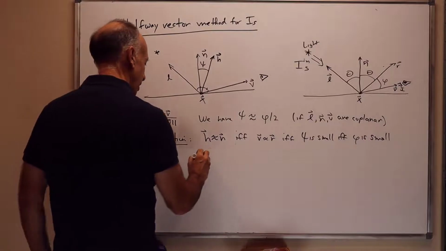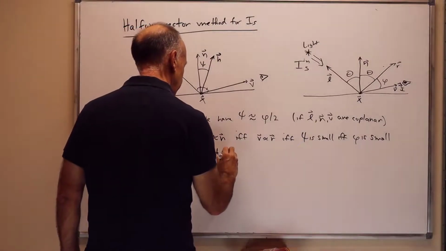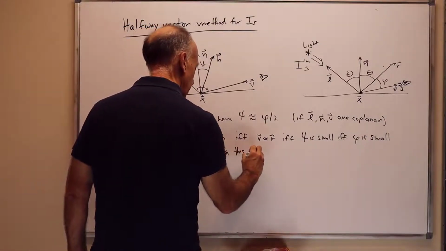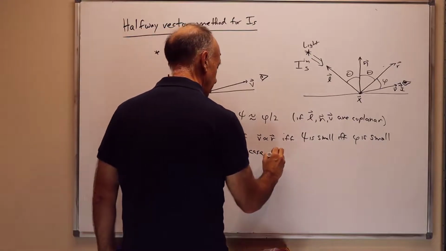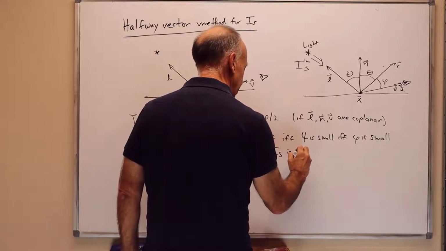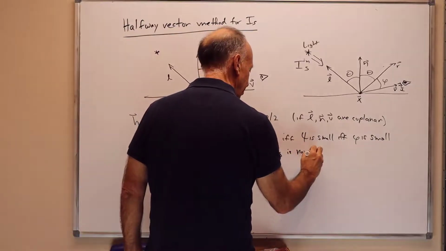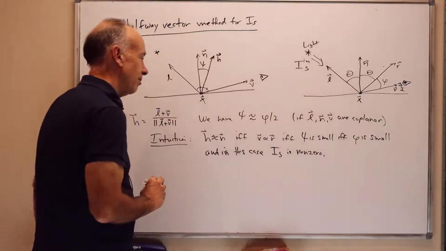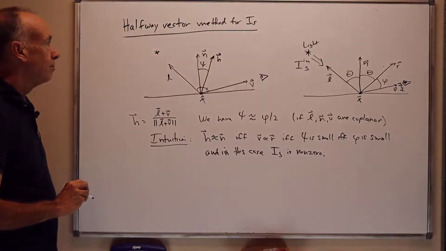And in this case, I sub s is non-zero, right? So there's some reflection going on.